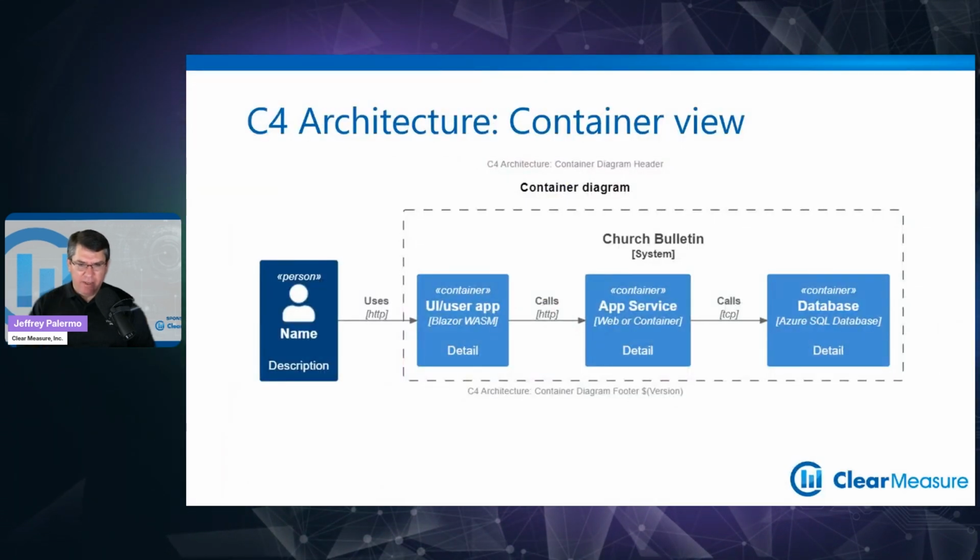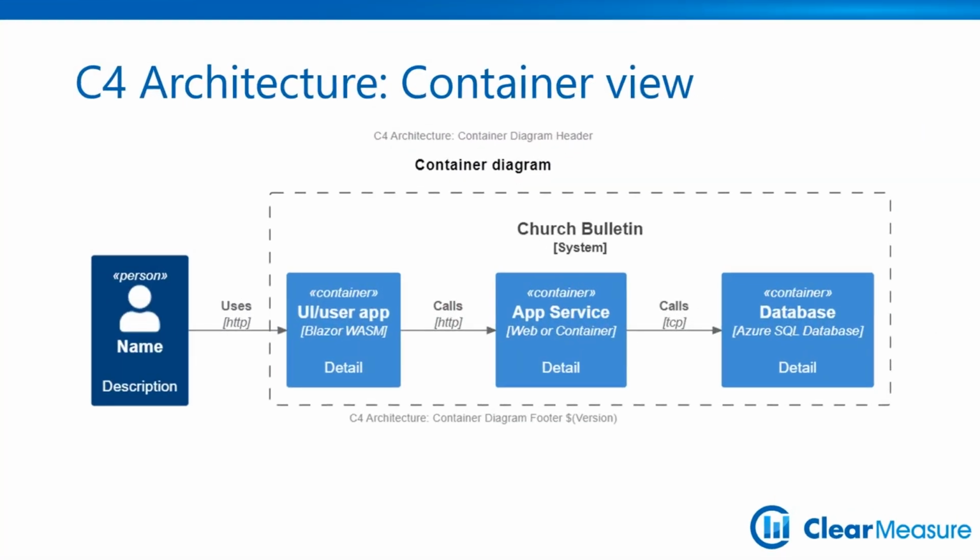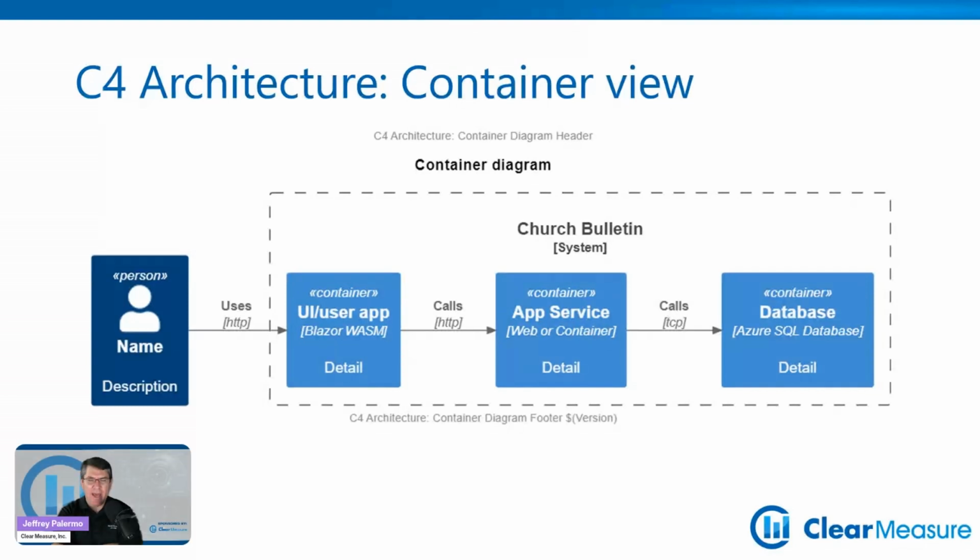Now, let's give you a quick overview of the sample application that I'm going to talk about. This is one of the views of the C4 architecture method using PlantUML, a diagram generated with VS Code with the PlantUML add-in. But it's three components, and I'll show you the Visual Studio solution in just a minute.